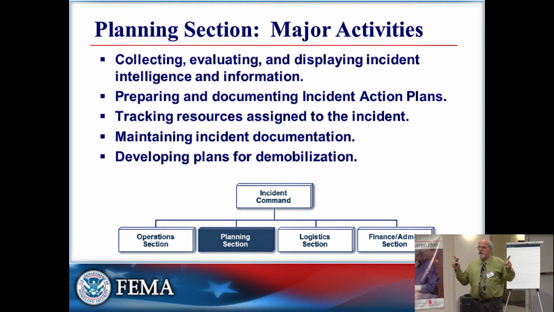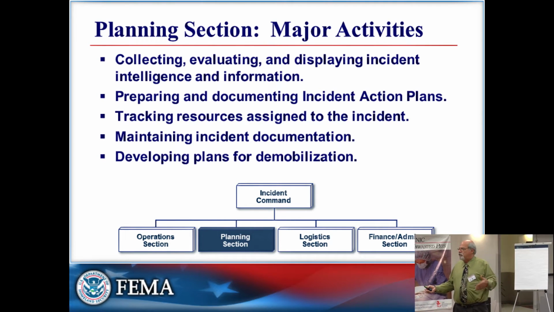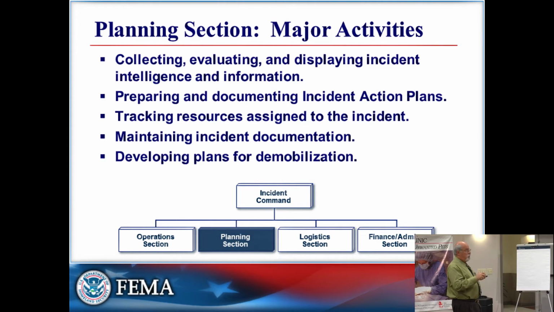All right, if we've got identical resources working a scene, one's a voluntary asset, one is a paid asset, which one likely would be demobilized first? So those are some of the considerations that we'd have to make in our demobilization plan. Again, all these functions occur within the planning section, within the ICS structure.